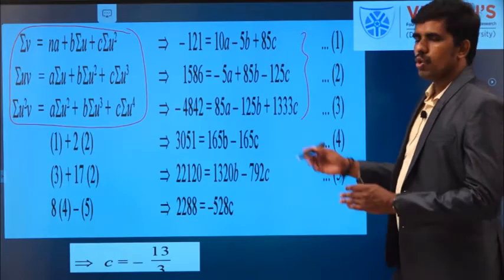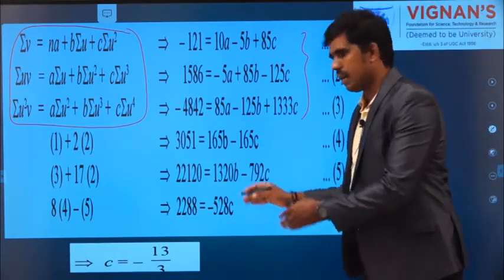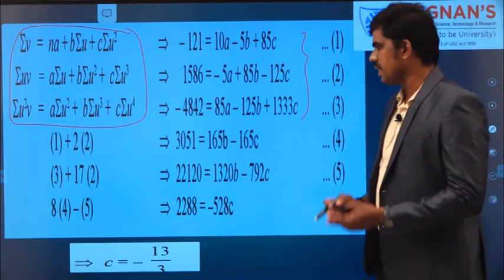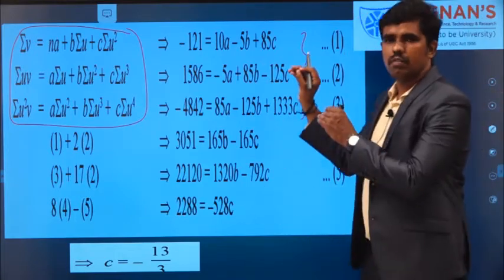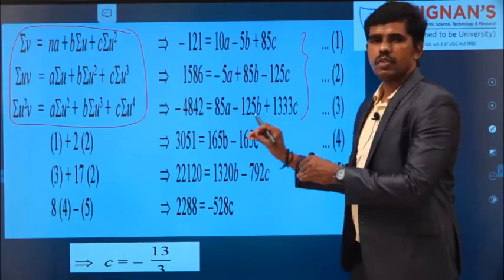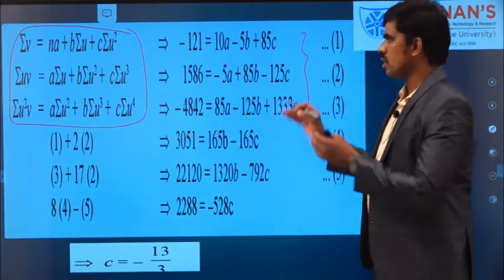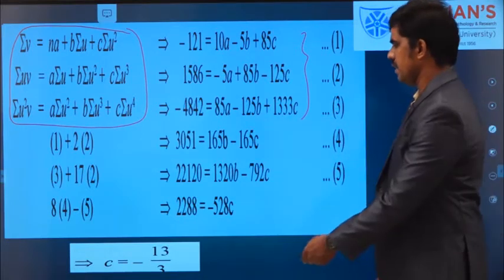Then you know how to solve. Actually here it is solved by your previous well-known method, but you can solve by using a calculator. Since we have 3 equations with 3 unknowns, you can solve all these 3 equations using a calculator, then you can find the values.